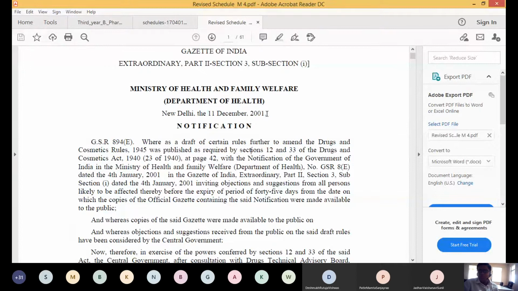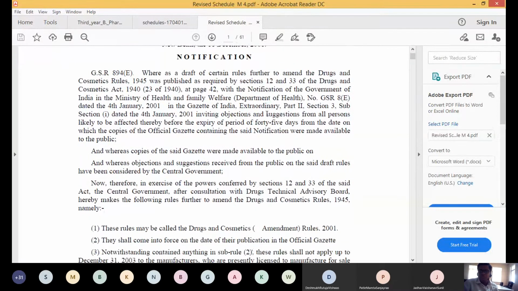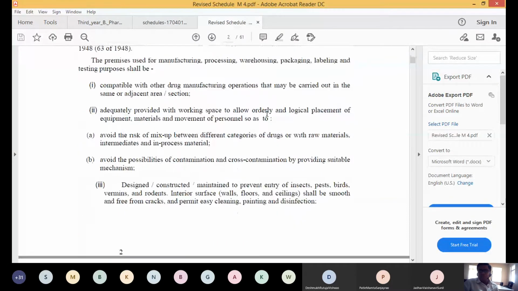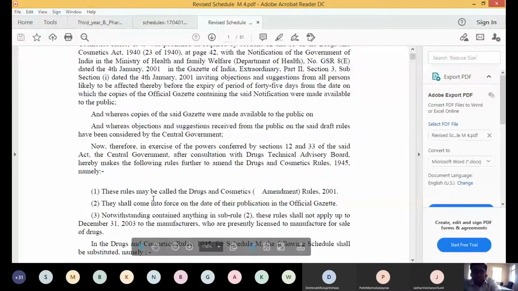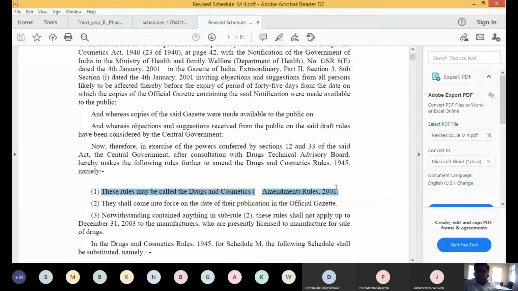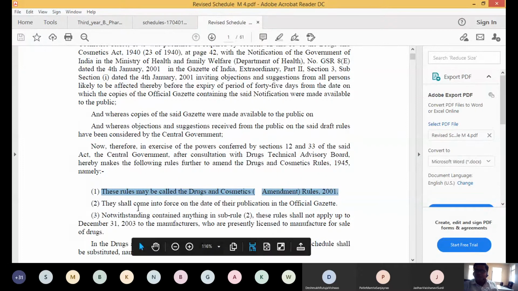Here it says the rules may be called the Drugs and Cosmetics Amendment Rules 2001, and they shall come into force on the date of publication in the official gazette.